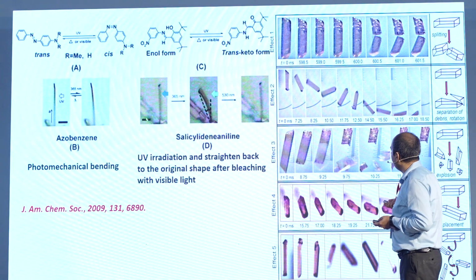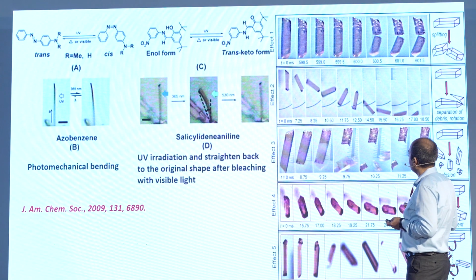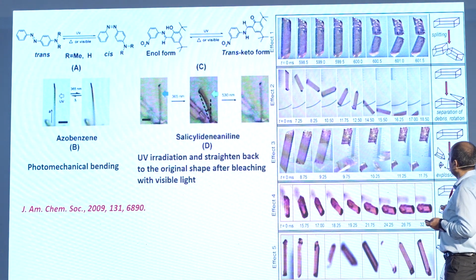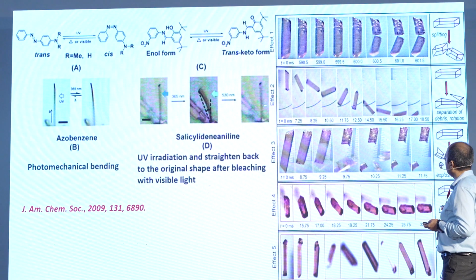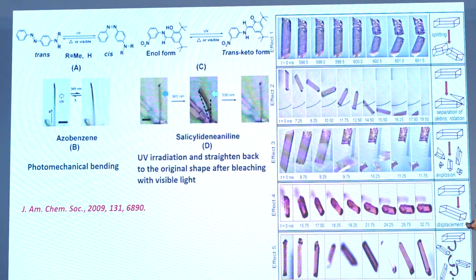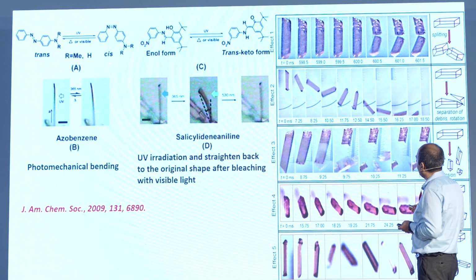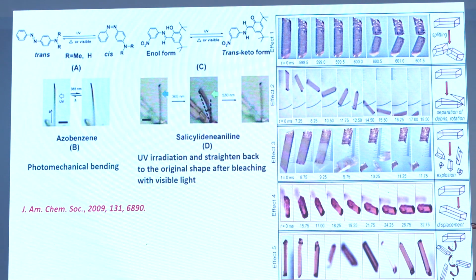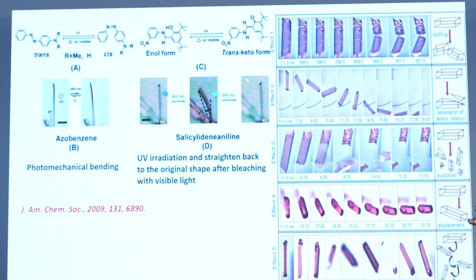So this is a nice switching of the motion of the crystal: when you apply light of a particular wavelength, it bends and then it comes back to the initial configuration when you apply light of a different wavelength. So this kind of cis-trans isomerization property or keto-enol tautomerism has been exploited to see mechanical motion in crystals.